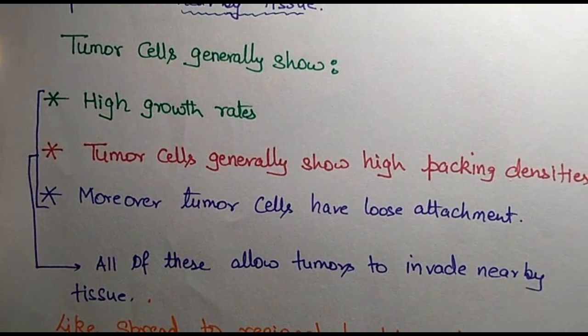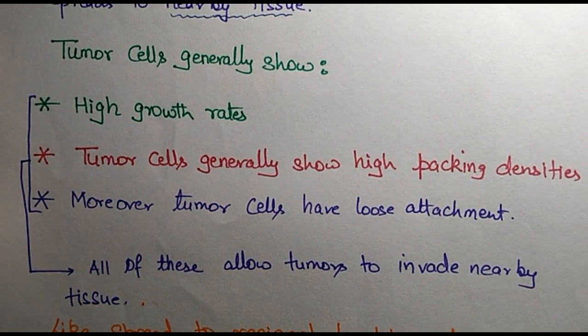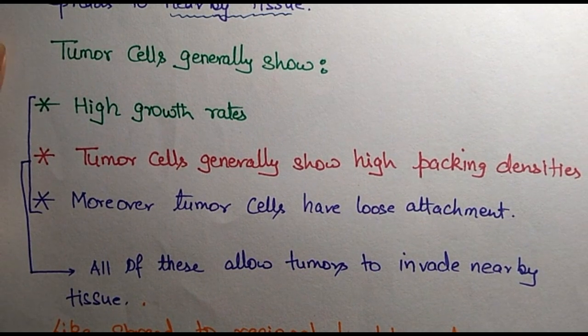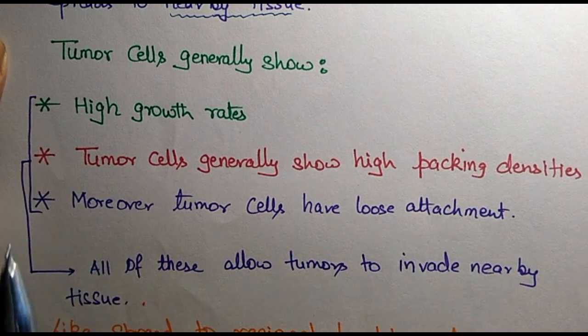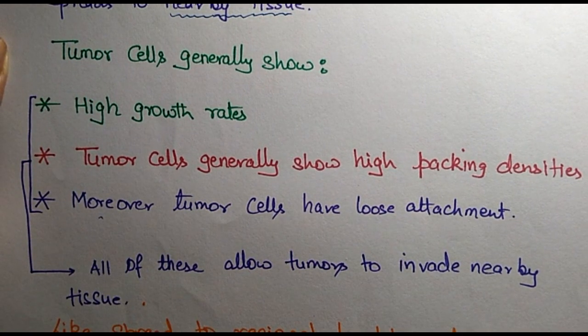Now this means that if you compare the tumor cells to your normal cells, the packing densities of the tumor are generally very high. And to add upon these two factors is the third point, which is even more important, that tumor cells have very loose attachment to each other as well as to the basement membrane.